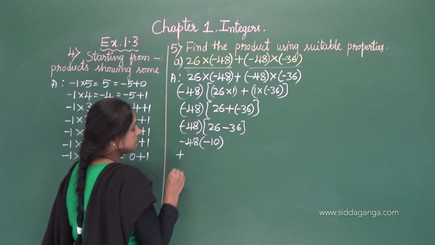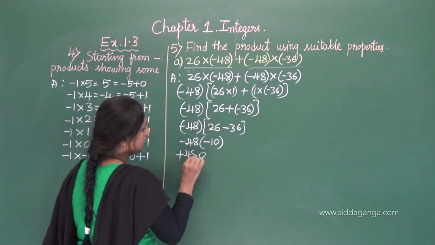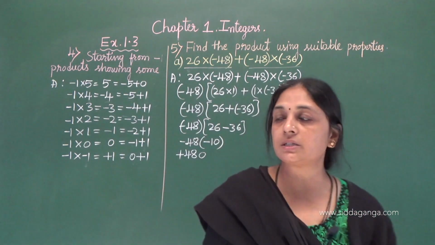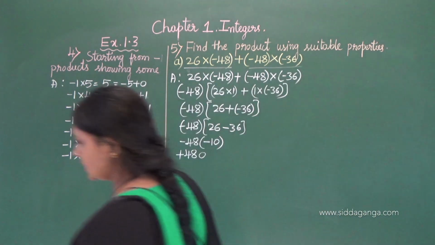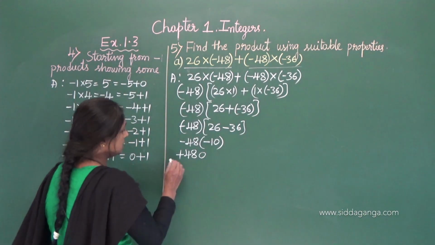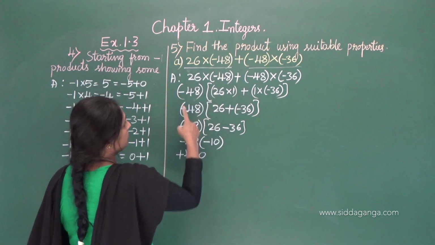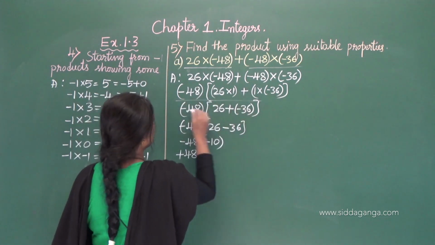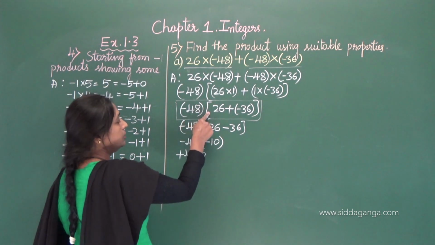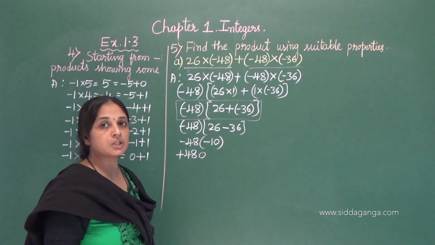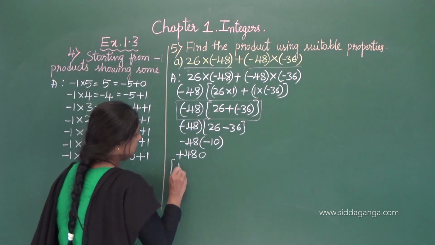Minus into minus is plus, 48 zeros are 0, 48 ones are 48, and here the product is plus 480. Okay, the property used here is the distributive property. So here we can come to know that this is distributive property, multiplication upon addition. Okay, distributive property.